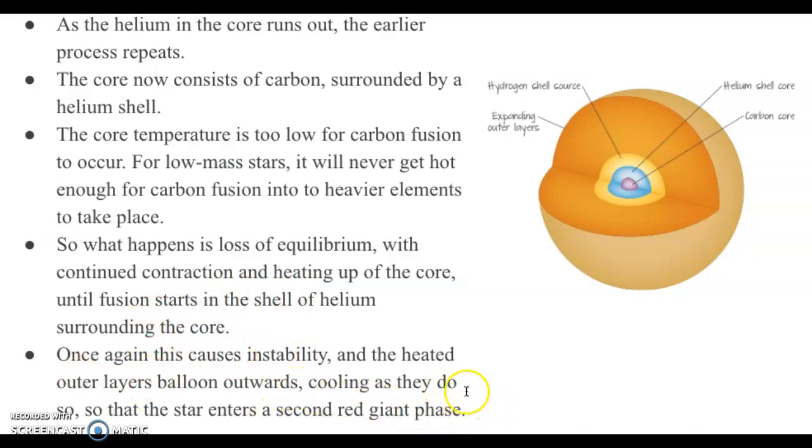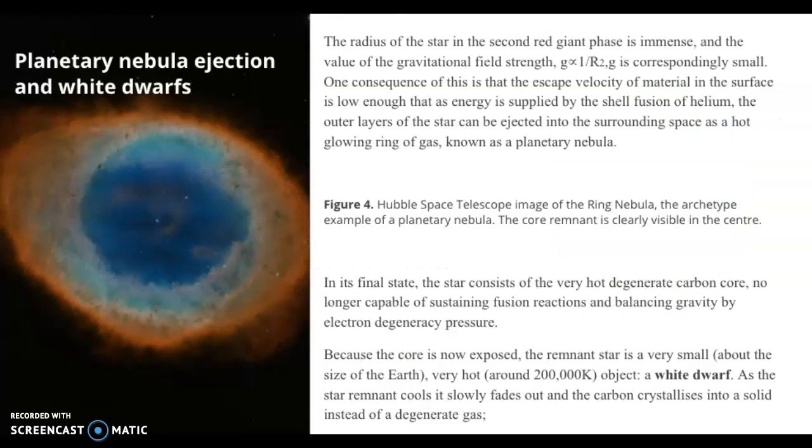So they expand outwards and start to cool down and pretty much just fade into a cloud. And what you end up with is a cloud of dust again, and a central core which is absolutely tiny. This tiny little core, or carbon core, because that's pretty much what's left, is called a white dwarf.